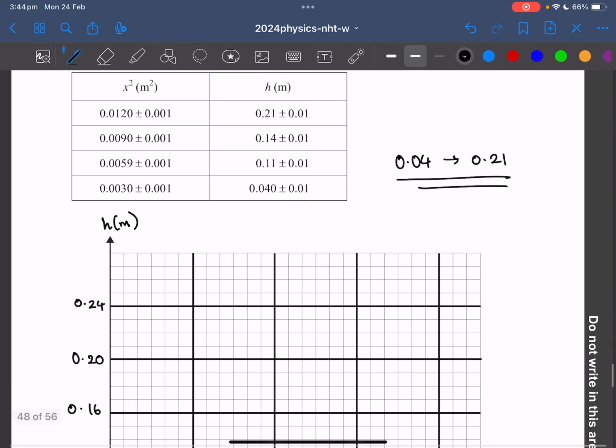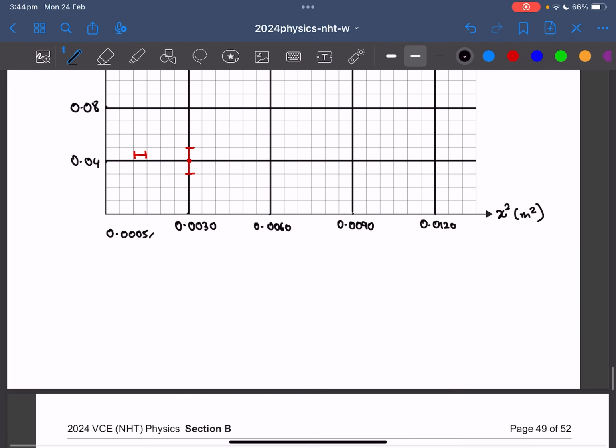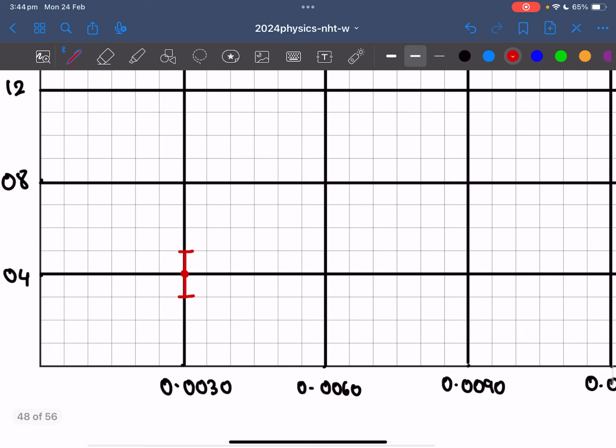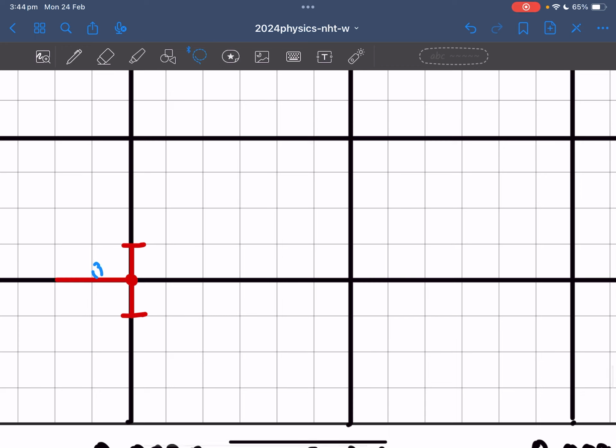And we are taking a gap of 0.001, so we have to times it by 2. So 2 widths essentially. So we'll go from here all the way to here. Like so. That is going to be our error bars here and here, like that.